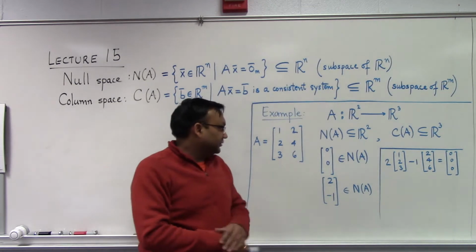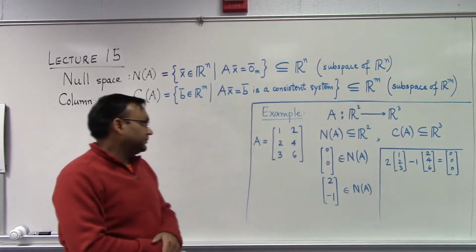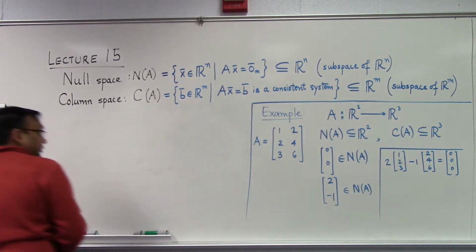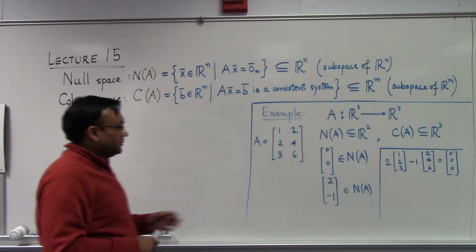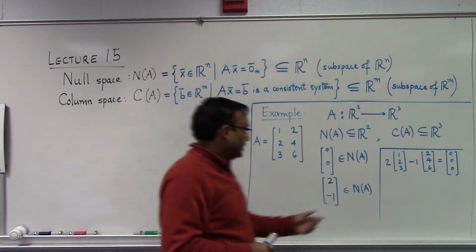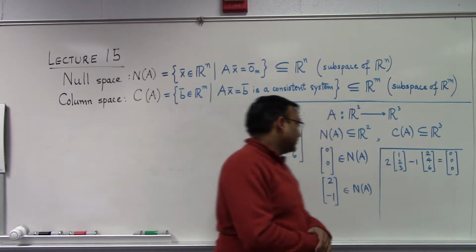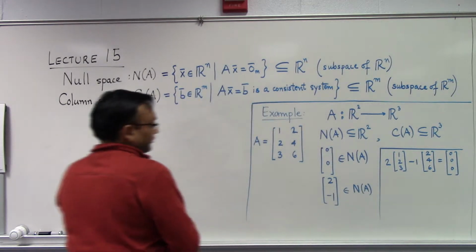We have some evidence. It can't be just the 0 subspace because we have found this vector which belongs to the null space. So either it is a line or it is the entire R2. Could it be the entire R2? Well, if it was the entire R2, then every vector can be sent to the 0 vector. But for example, if I change the linear combination from 2 and minus 1 to, let us say, 1 and 0, it won't map to the 0 vector.